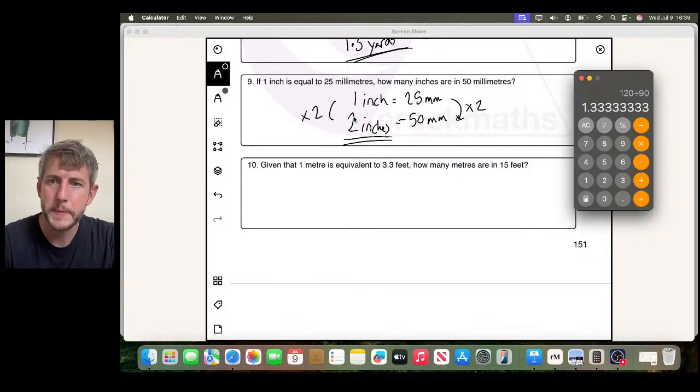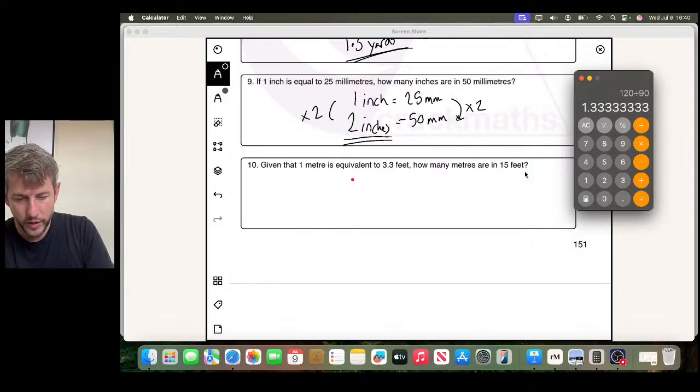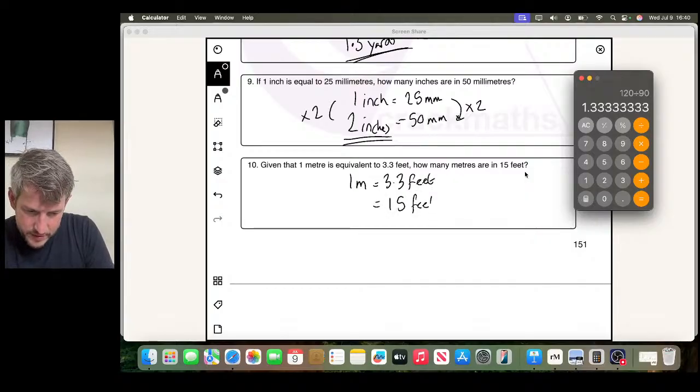Okay, and question 10. We've got, given that 1 meter is equivalent to 3.3 feet, how many meters are in 15 feet? So we've got here 1 meter equals 3.3 feet. We need to get to 15 feet. So we need to know what we're multiplying this by.